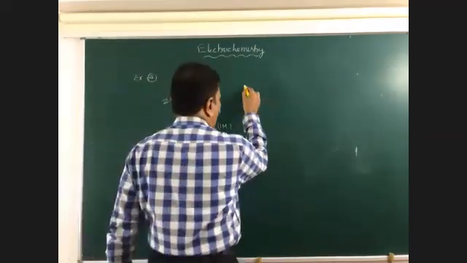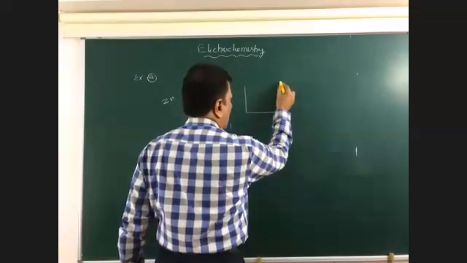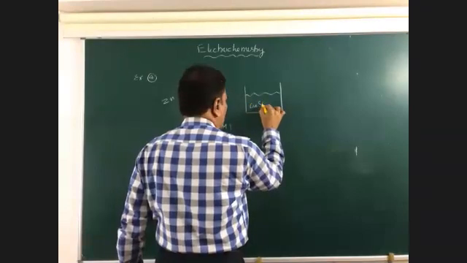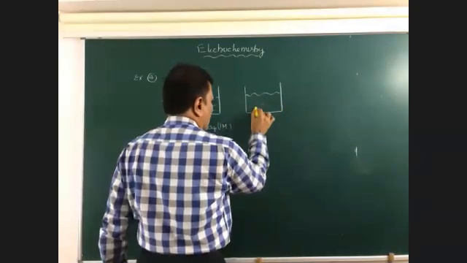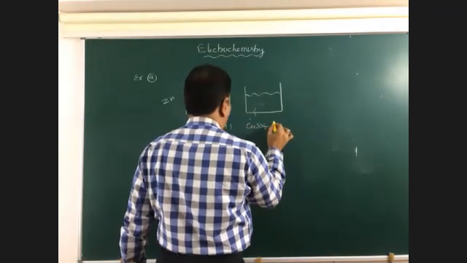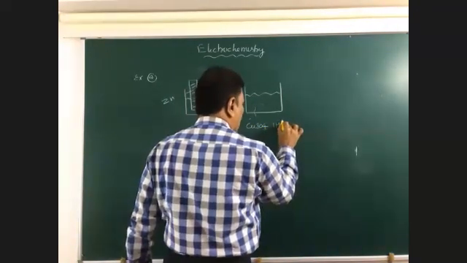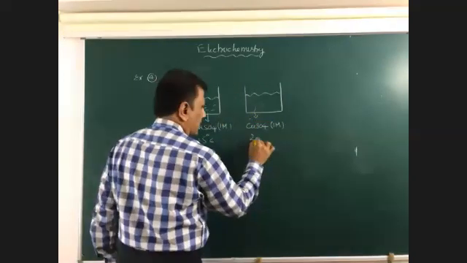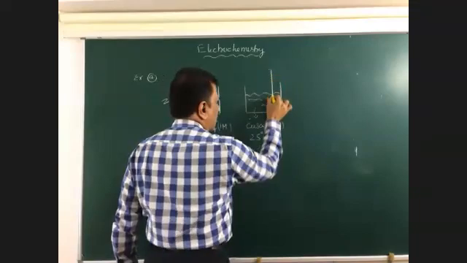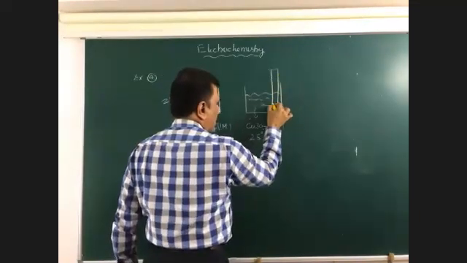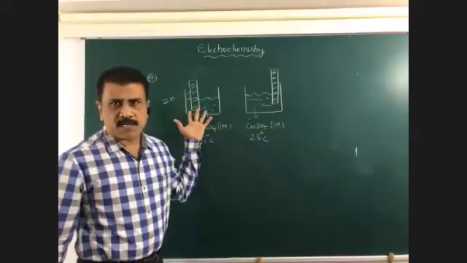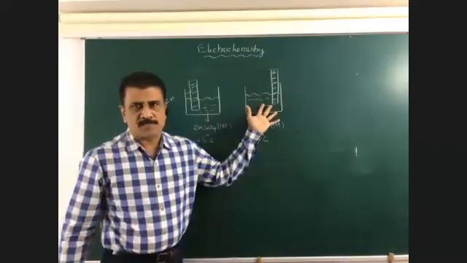Next, a copper sulfate solution of 1 molar at 25 degrees, that means at room temperature. And here, a copper rod. No chemical reaction.